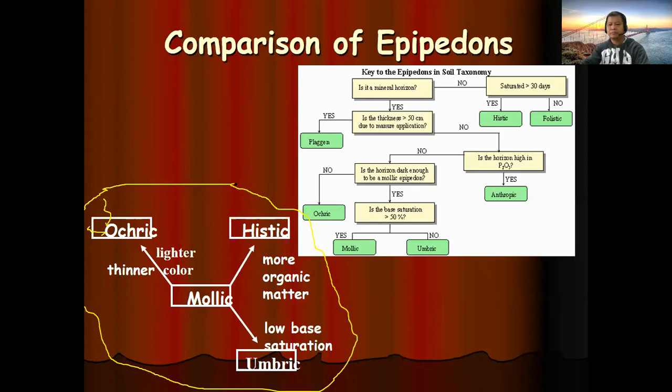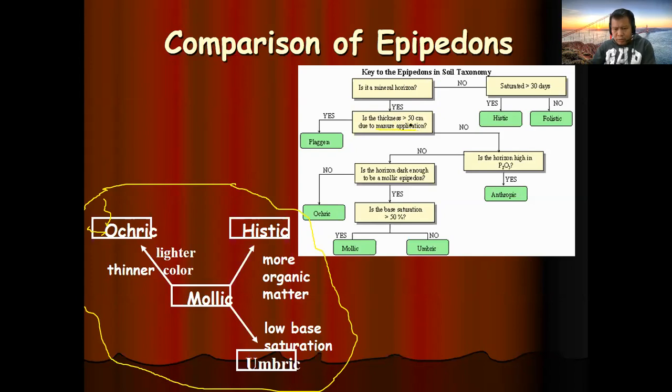and A horizon. I also included in here the key to epipedons in taxonomy, no? So that if we are to classify soils based on soil order and diagnostic horizons, is it a mineral soil? If it is a mineral soil, then it has a thickness of more than 50 centimeters in the epipedon due to manure application. If having manure application, na abono, nag-abono tayo because of human action.